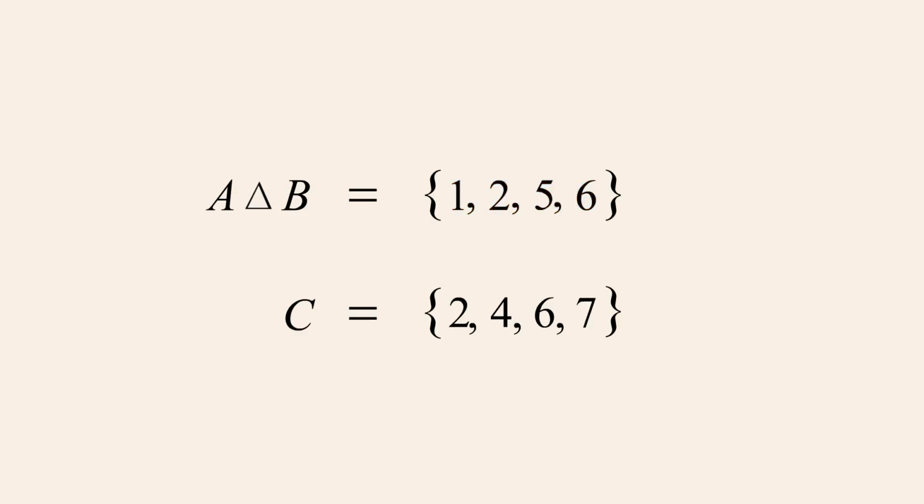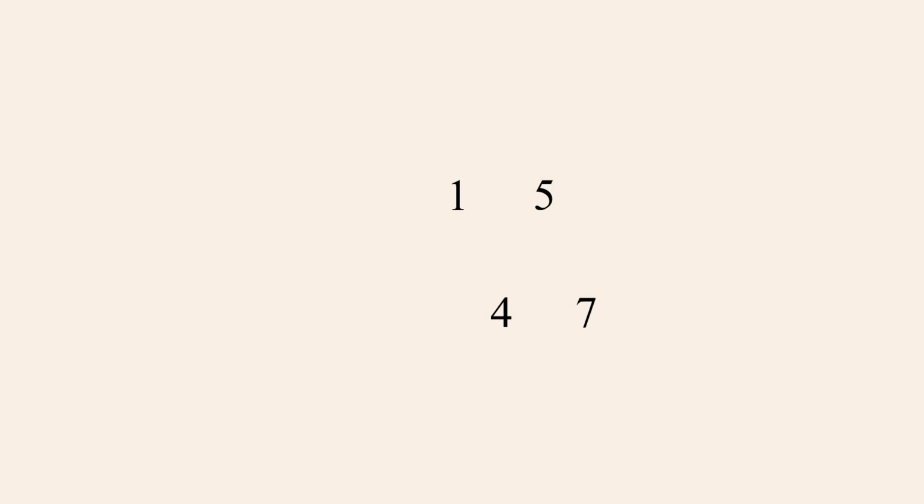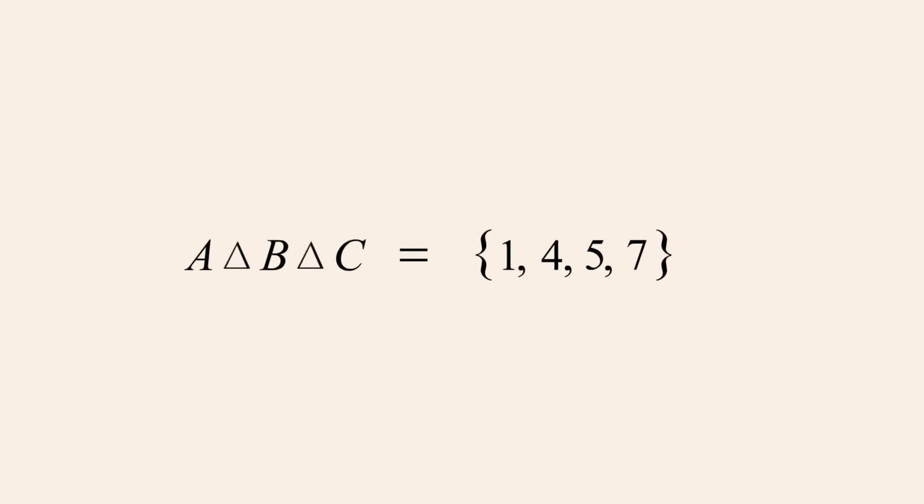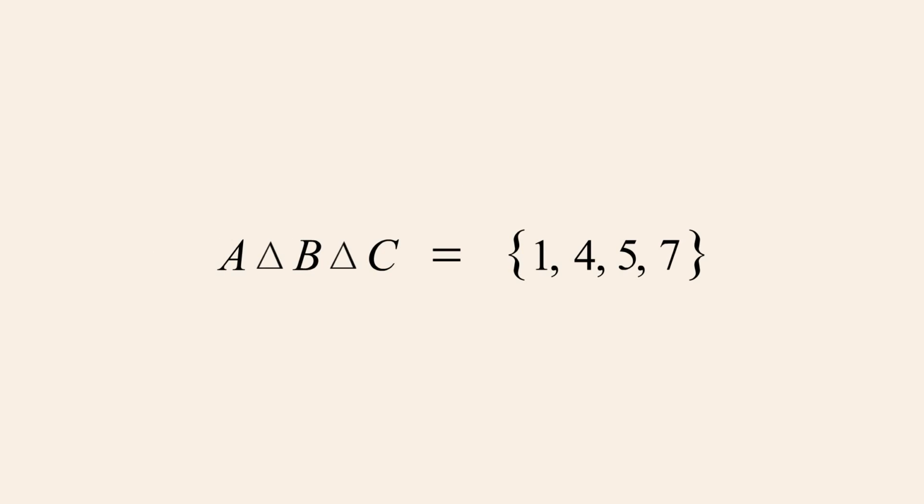We now form the symmetric difference of this set with set C. These two sets have the numbers 2 and 6 in common, so their symmetric difference contains all the elements except for 2 and 6. The symmetric difference of sets A, B, and C therefore consists of 1, 4, 5, and 7.